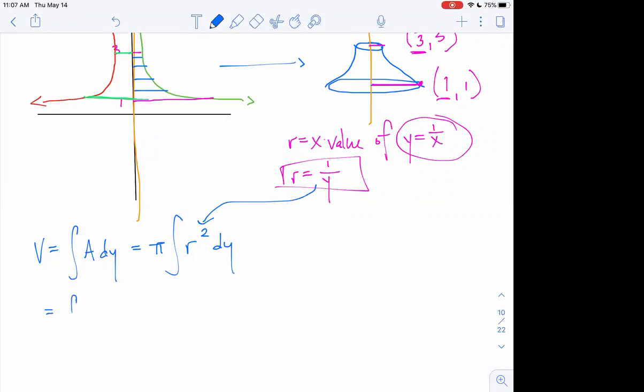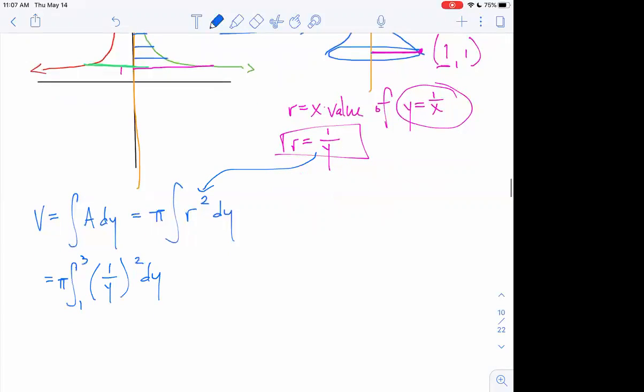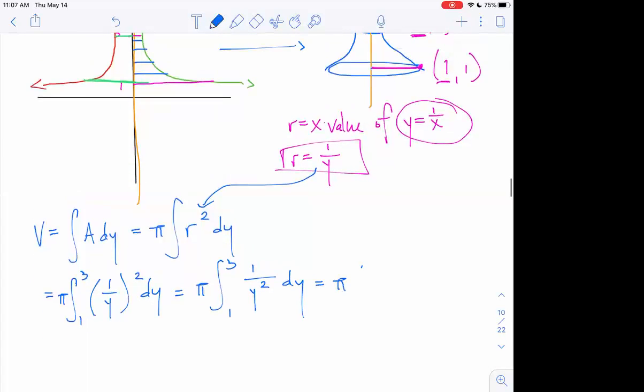So I'm going to take the integral from 1 to 3 of pi, which is in the front, 1 over y squared dy. And I'm going to simplify that to pi, the integral of 1 to 3, 1 over y squared dy. And I'm going to rewrite this as pi, the integral from 1 to 3 of y to the negative 2 dy.